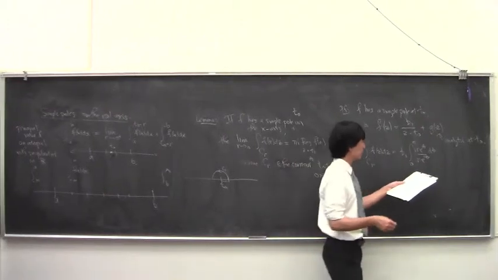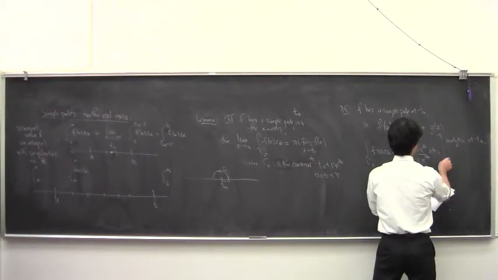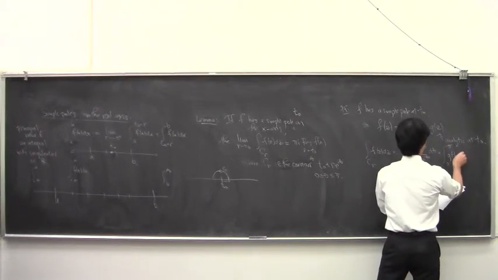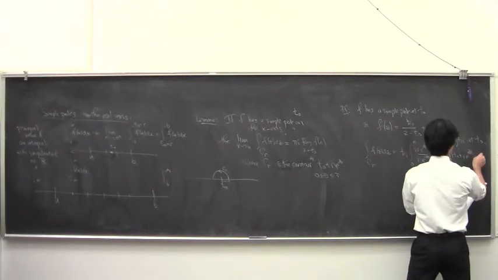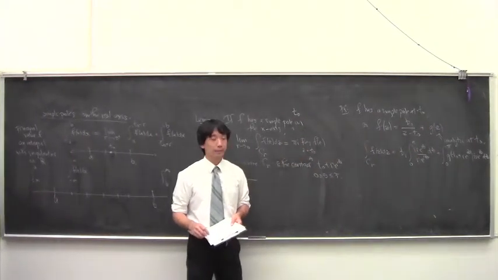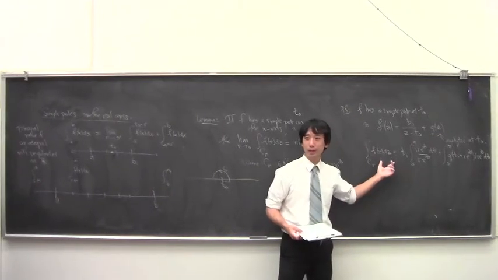That's the integral of this first part. And then we have the integral of the second part, g of t naught plus r e to the i theta, times i r e to the i theta d theta. So you just evaluate your contour integral.